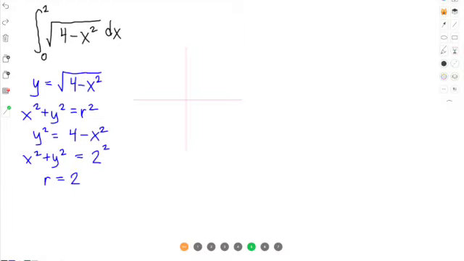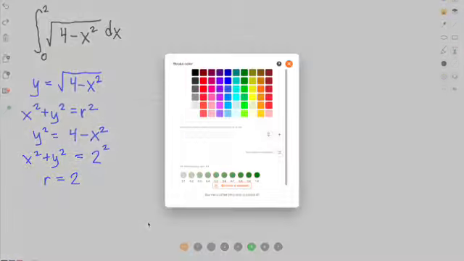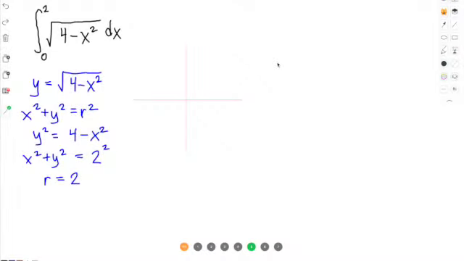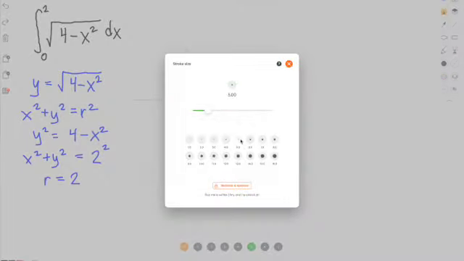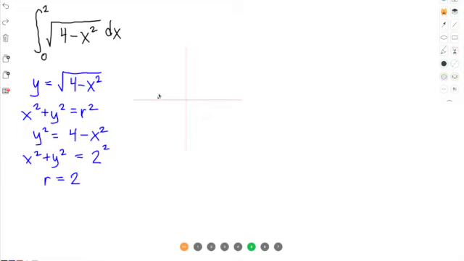We're only looking for a semicircle. That is the upper part of it. So we're looking at a semicircle with radius equals 2.